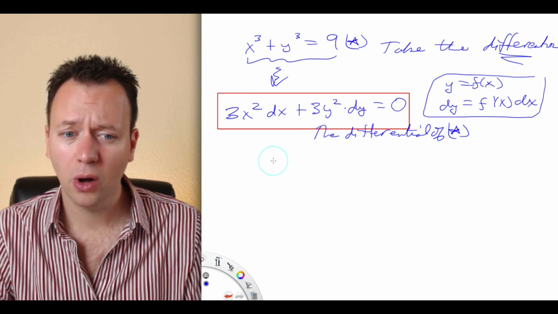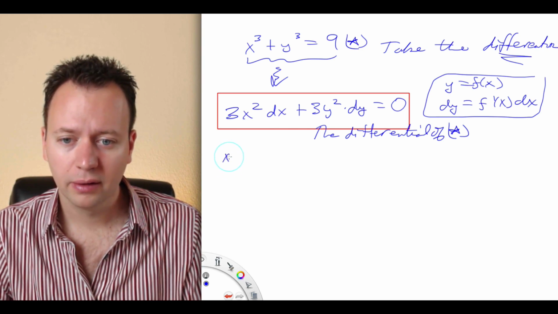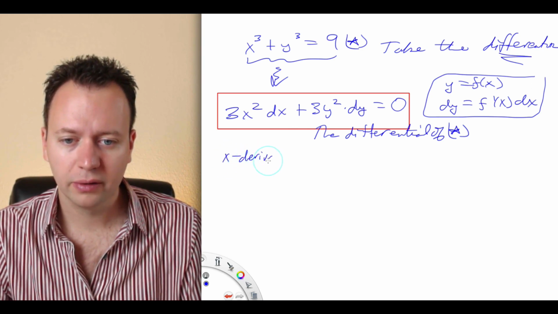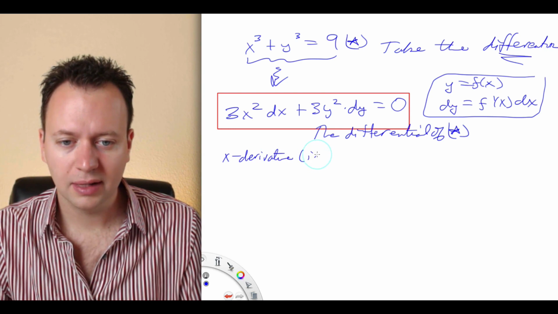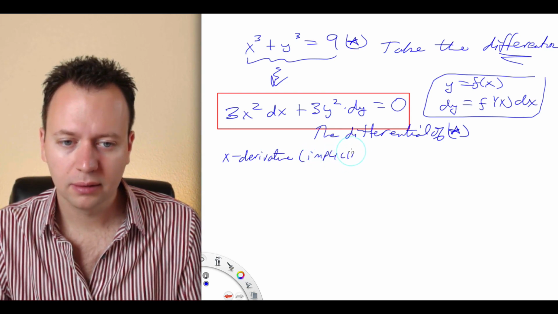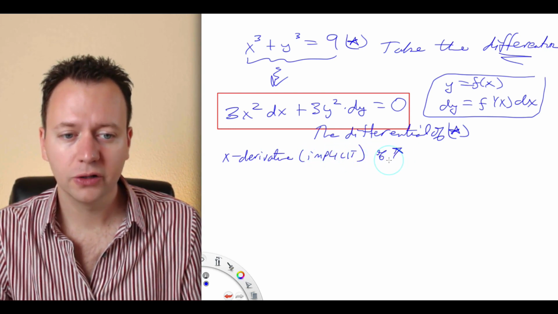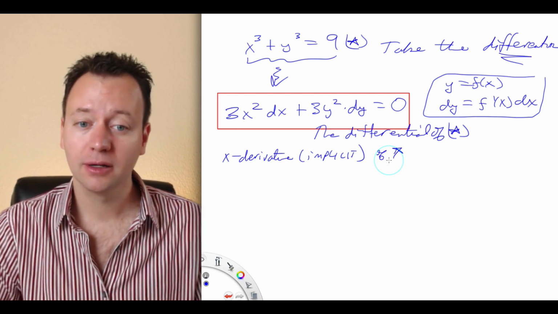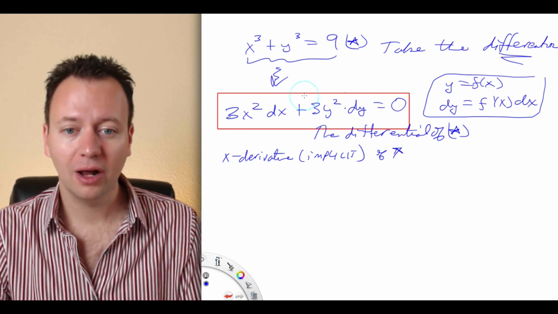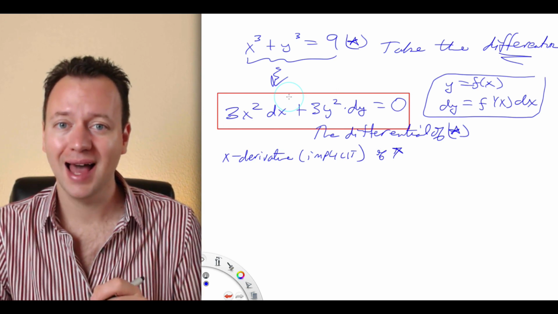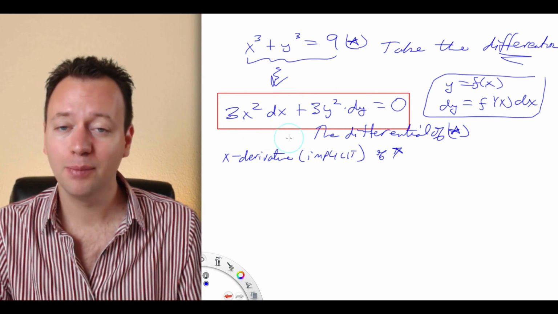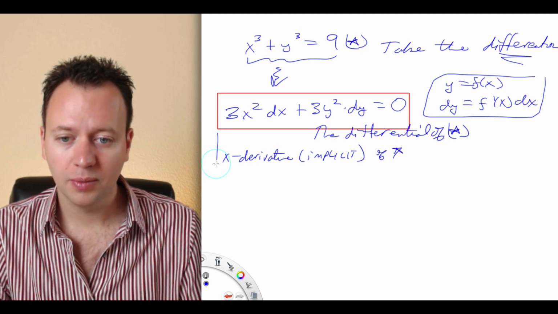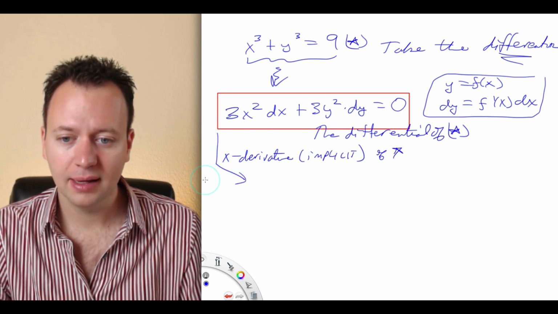So now suppose you want to take the x derivative. So this is implicitly differentiating star with respect to x. Well, starting from the differential, we just have to divide by the dx. Dx divided by dx is 1. So basically, we divide by dx.